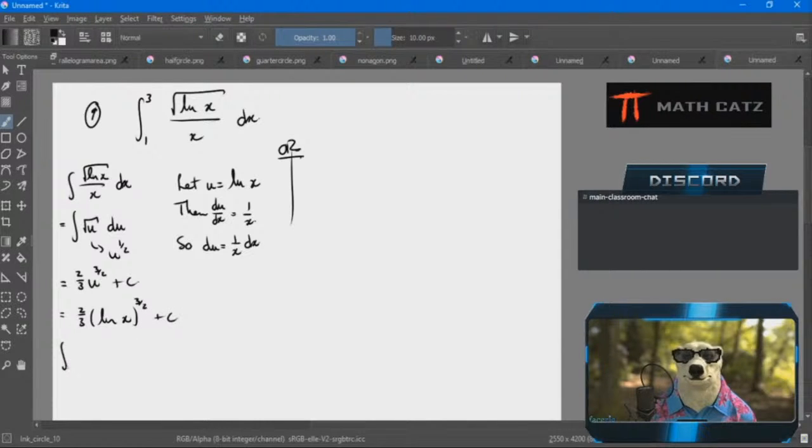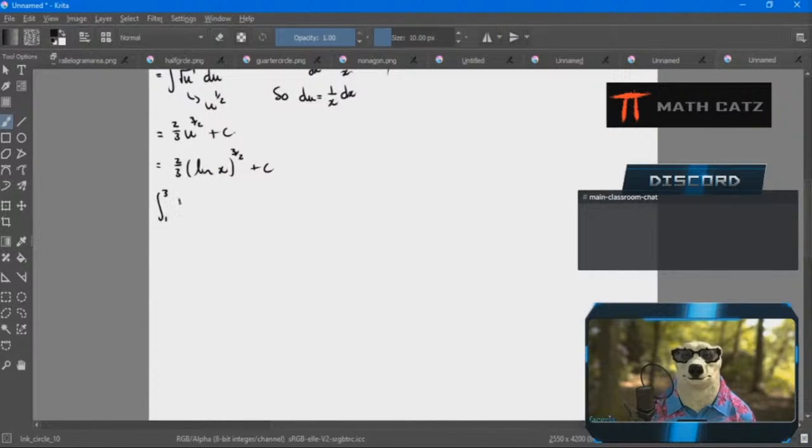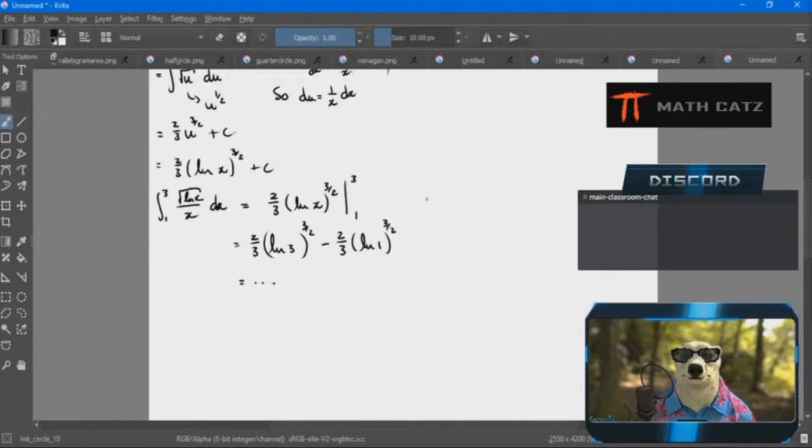Then, going to my definite integral, I've now found an antiderivative, which is 2/3 natural log of x to the 3 over 2, which I'm going to plug in a 1 and a 3, and it's therefore going to be 2/3 log of 3, all of that to the 3 over 2, not just the 3, minus 2/3 log of 1, all of that to the 3 over 2, and you're welcome to calculate that answer in your own time.